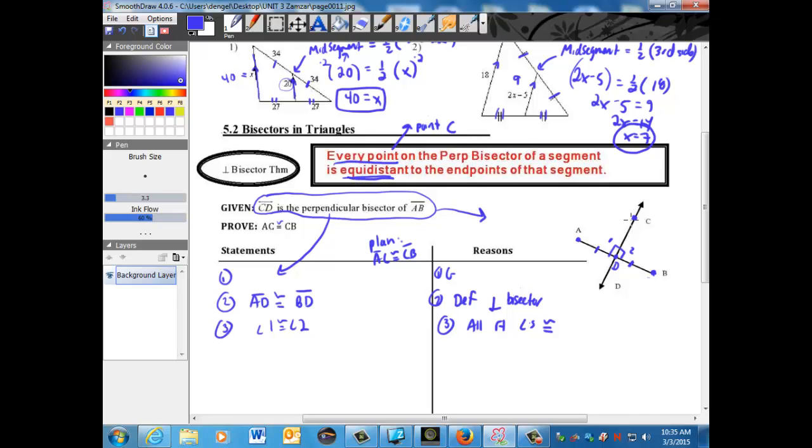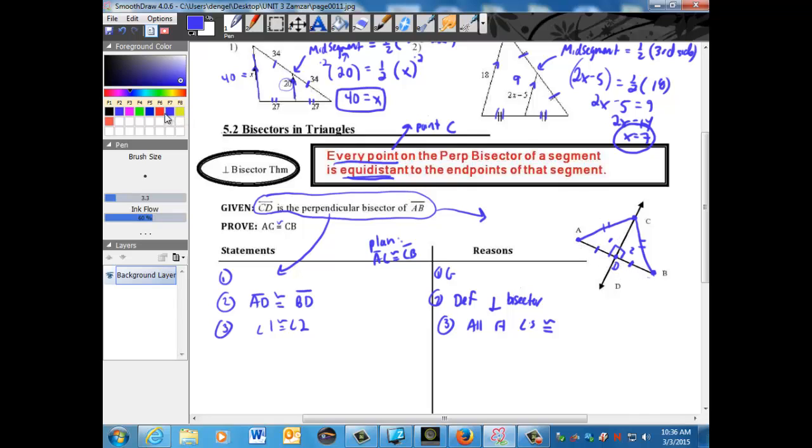Equidistant. Well, it means that if you drew a line or a segment from CA and a segment to CB, that means these two lengths would each be the same length. They're each congruent. That's what it means that this point C is equidistant to point A and point B, or the endpoints of this segment.